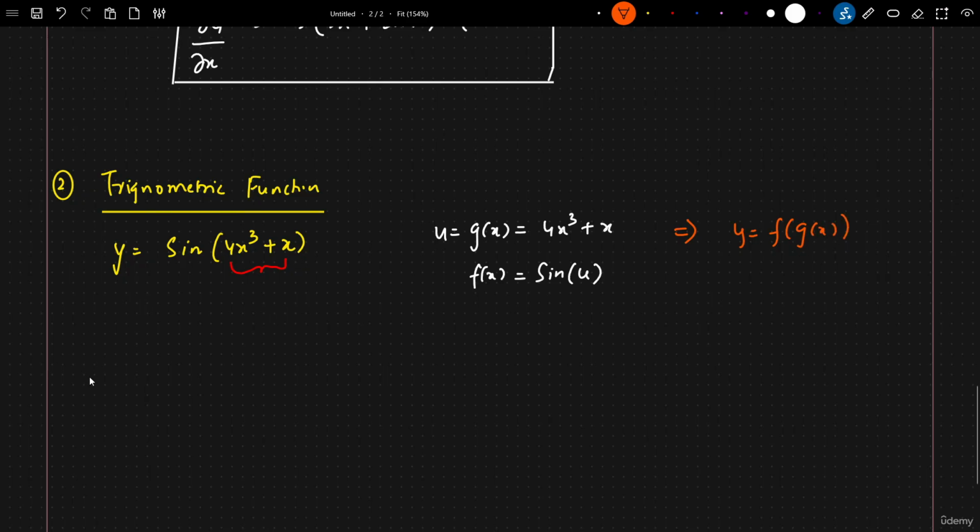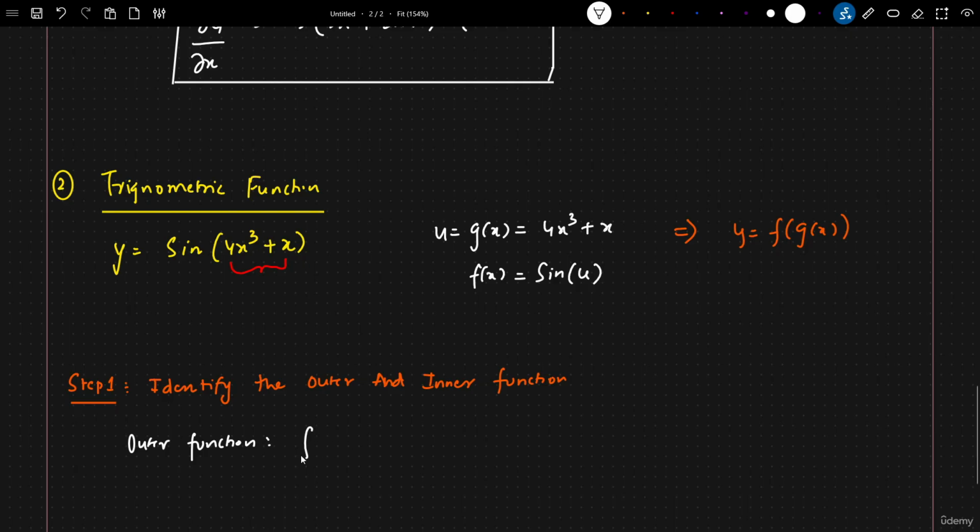Yes. So now again we will go ahead with step 1. Step 1 is nothing but identify the outer and inner function. Okay, so here my first important thing, what is the outer function?